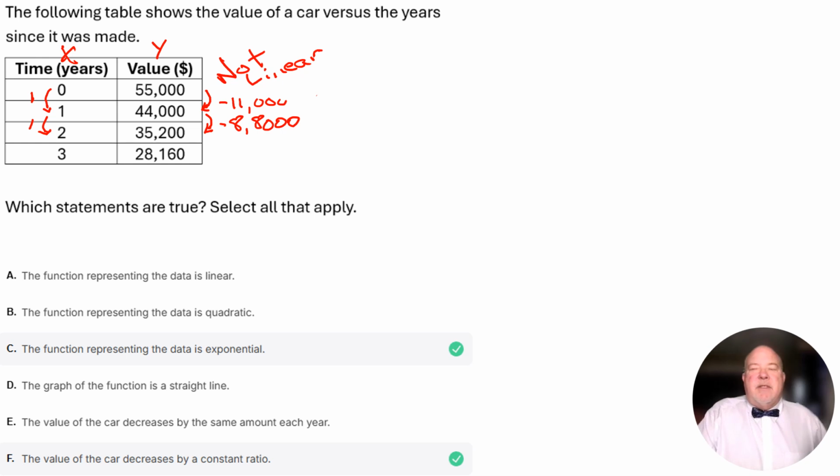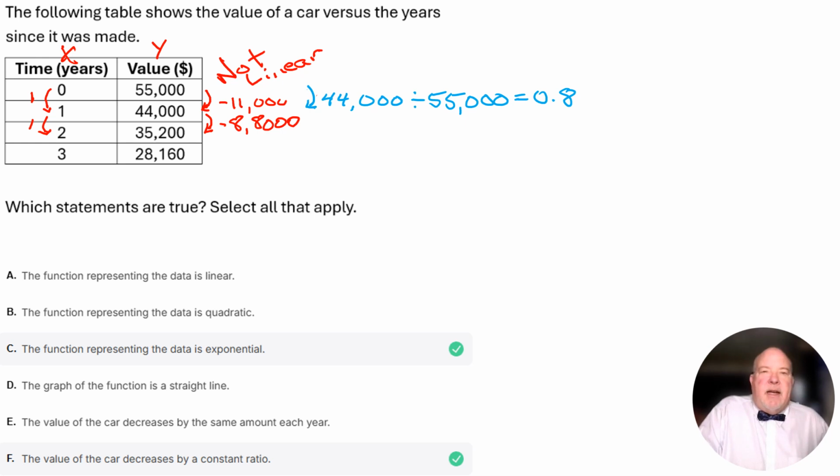Now let's look to see if it's exponential. To check to see if it's exponential, instead of subtracting the values, I'm going to divide them. I'll write this down so you can see what I'm doing. 44,000 divided by 55,000. When you do that, what you get is 0.8. All right.